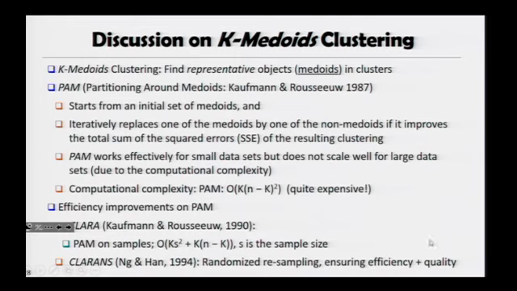Following up on this PAM algorithm, there have been a lot of other efforts trying to make it more efficient in terms of both computational time complexity and space complexity. One of the strategies to improve this algorithm is a sampling check.